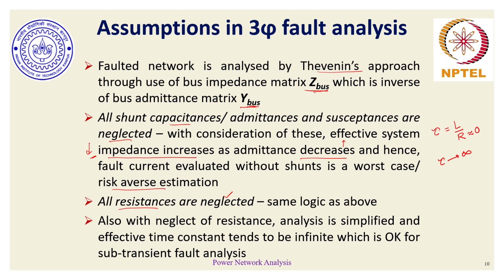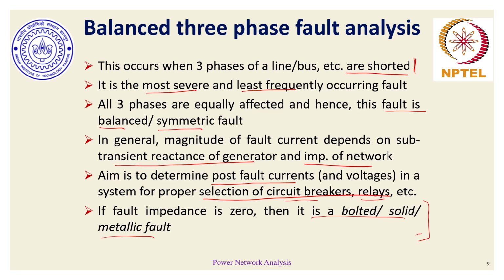Point number two, if resistances would have been considered, then the corresponding system impedance would have gone up, the current levels would have gone down. We are, by ignoring the resistances, trying to find a higher level of current, which could be the worst possible current, and this difference between the actual current with impedances considered and the current without considering impedances, it provides a sufficient safety margin for different protective elements like circuit breakers and relays to work with.